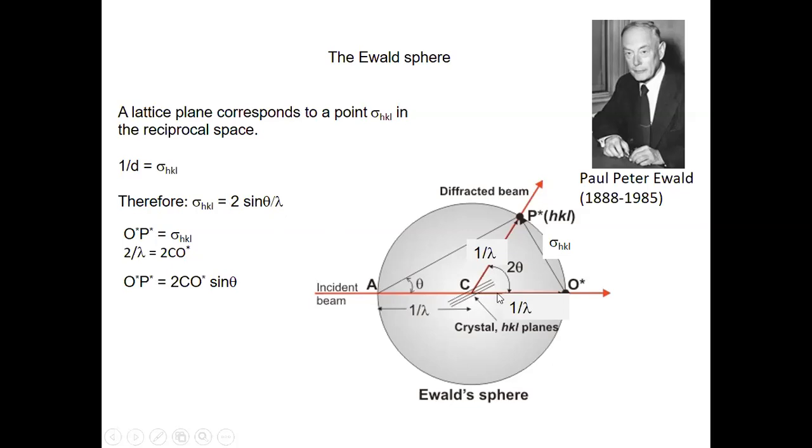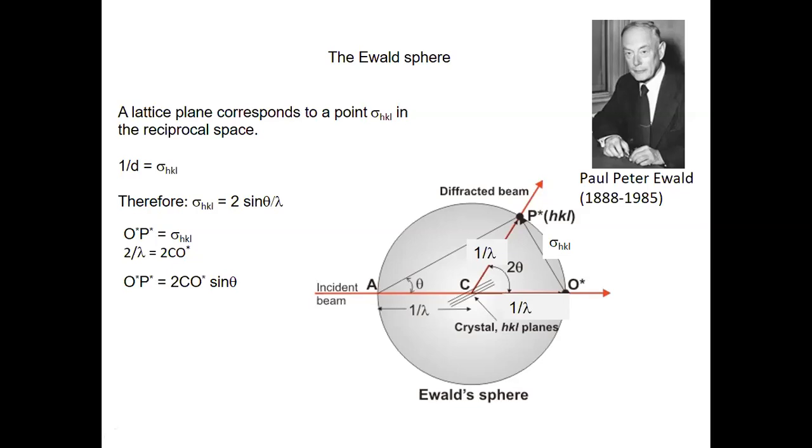That means that the radius of the sphere is 1 over lambda. Okay, so now we can define the origin of our reciprocal space to be this point here. So we can consider an X-ray beam hitting the crystal. Okay, and at the point where the X-ray beam leaves our Ewald sphere, that will be the point of the origin of the reciprocal space.